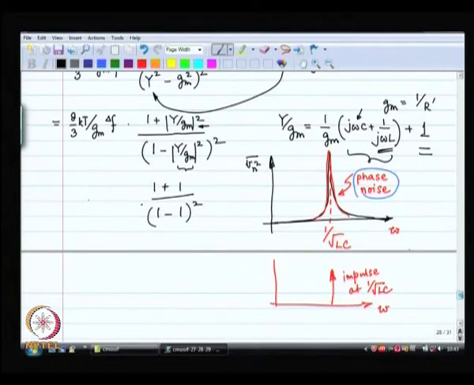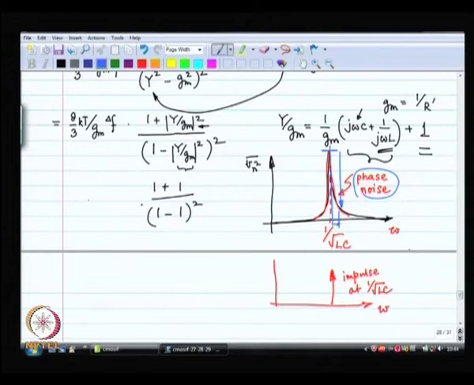So, how is it quantified? With respect to the carrier, at an offset frequency from the carrier of so much, I have got so many dBs less of noise.